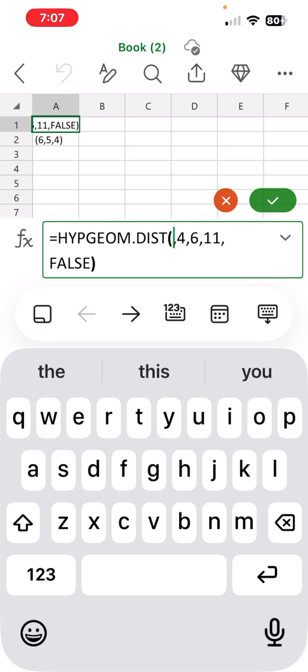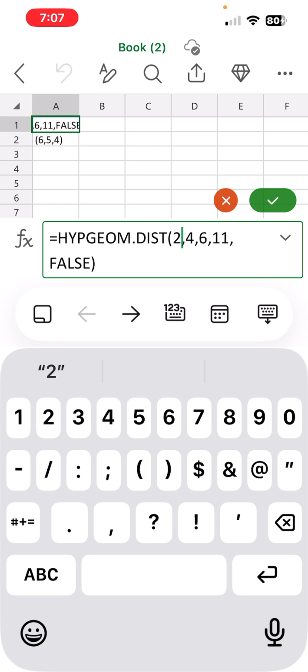If you need 2 people, you type in 2. Your sample size, because you chose 4 people out of the 11, will be 4. Then 6 is the size of the first group, the total number of healthy individuals in the given population of 11 people who signed up. So the size of the population was 11, and there were a total of 11 people who signed up for this clinical trial.